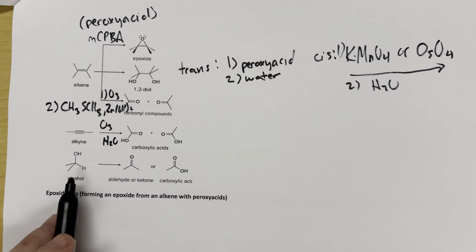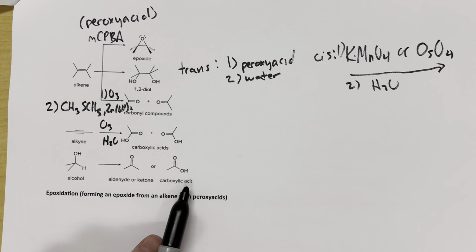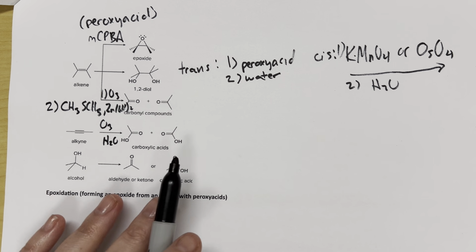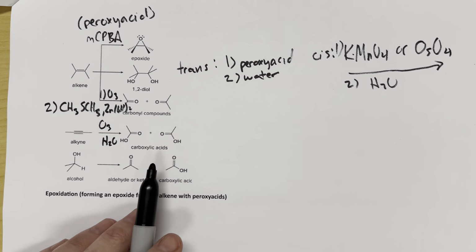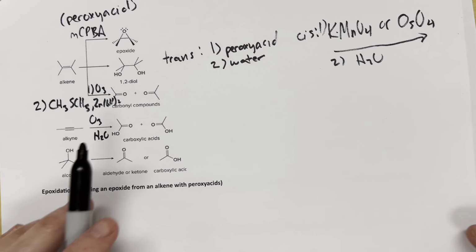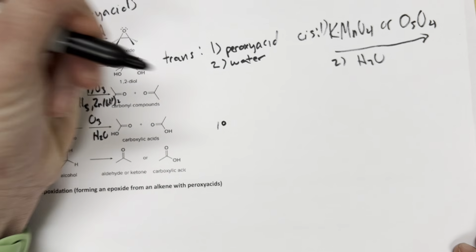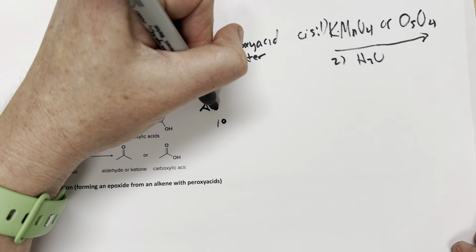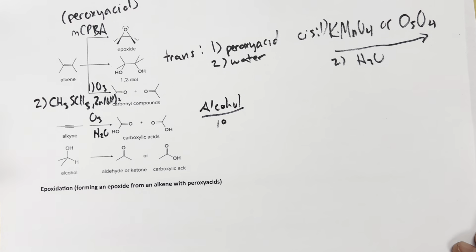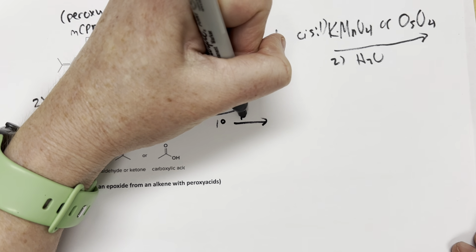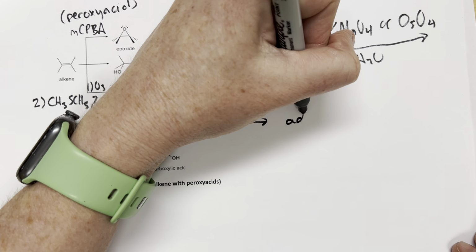Last but not least, we have alcohol, and you can turn alcohol into an aldehyde, ketone, or carboxylic acid, depending on if it's primary or secondary. If you have a primary alcohol, I'm going to write it up here, and you react it with PCC, you're going to get an aldehyde.